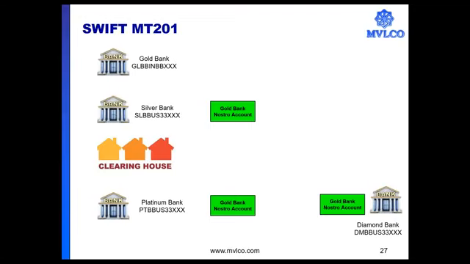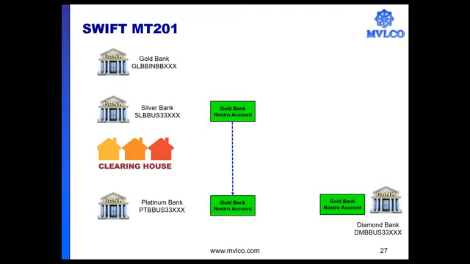So there are two transfers originating at one go from Silver Bank. One transfer going from Silver to Platinum, another from Silver to Diamond. If I want to move two transactions simultaneously, I would use an MT201. If I wanted to move one transaction only, I would have used an MT200.